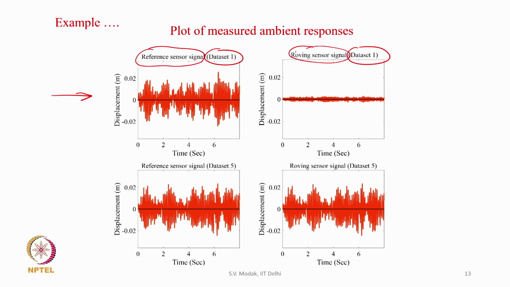The roving sensor signal magnitude is small because this data set corresponds to the roving sensor measurement at test point 1, which is close to the clamped end of the beam, so we expect a smaller response there. But the reference sensor measurement is at location 5, which is at the tip, which is why that response is larger. The 2 figures at the bottom correspond to the measurements taken in data set 5.